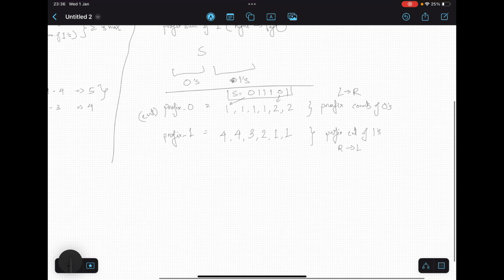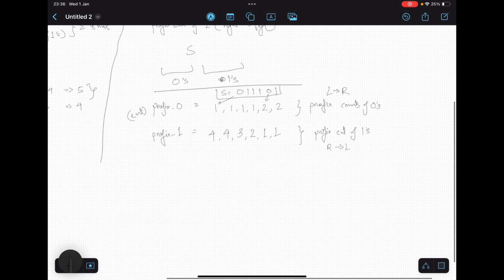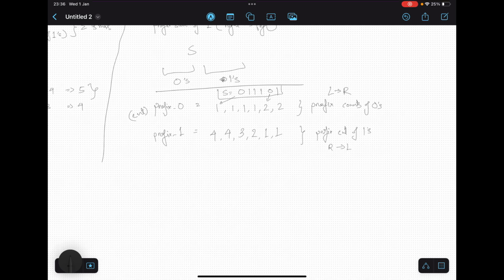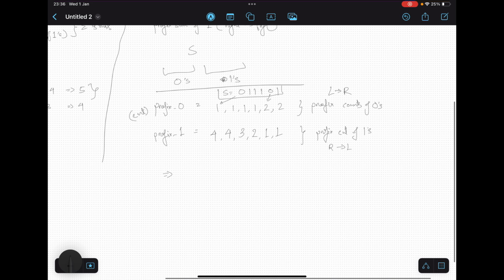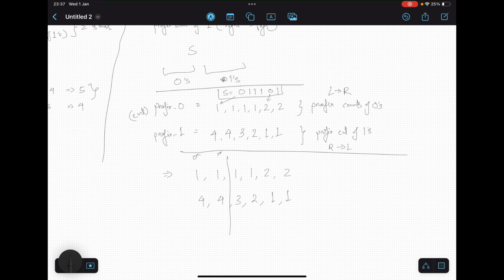Now if we split this s at any index i, I'll write both in the same alignment: 1 1 1 1 2 2, and 4 4 3 2 1 1. So let's say we split it here, on the first index. This is the 0th index and this is the first index.